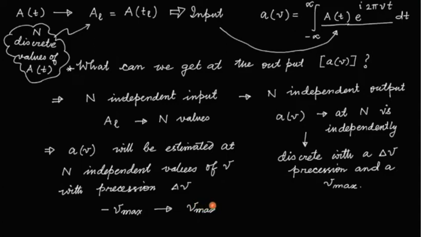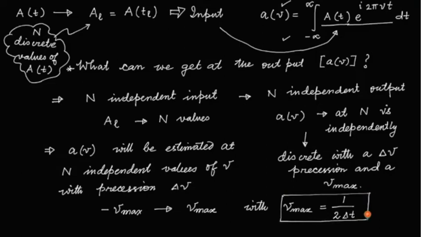Why do I choose from minus nu max to plus nu max? Because my integration here by definition goes from minus infinity to plus infinity. I cannot obviously integrate from minus infinity to plus infinity, so I choose from minus nu max to plus nu max. Why I choose nu max like this will be clear later, but let us say I choose it to be 1 by 2 delta t. Why it is 1 by 2 delta t, we'll discuss in the next class.